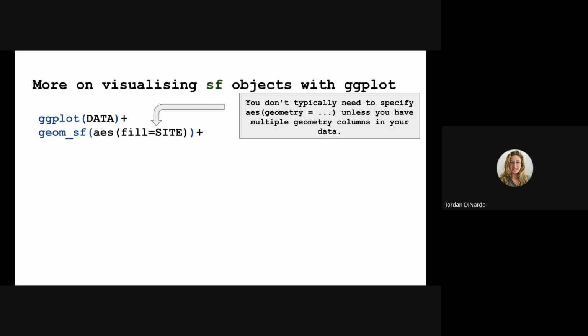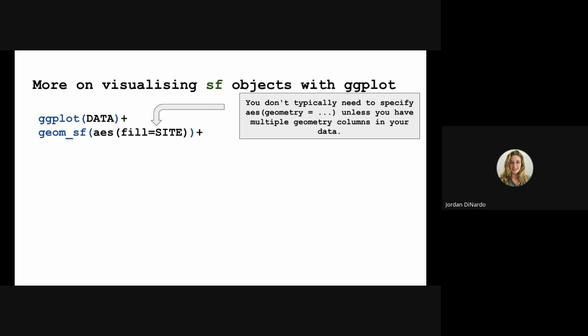So a bit more about visualizing SF objects. Here, if you remember, in the aes we're identifying x and y, which in this case would be lat and long. We don't really need to do that when it comes to geom_sf, because you have a column in your SF object called geometry and it's smart enough to know.